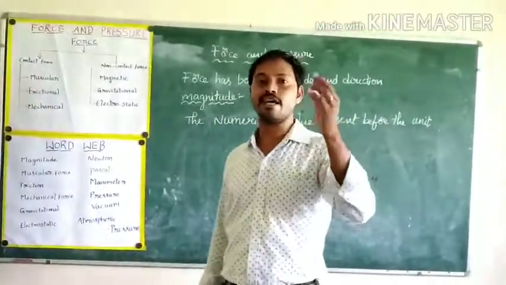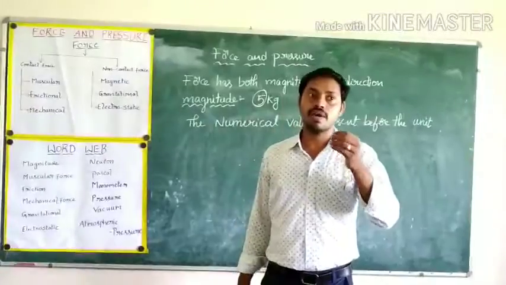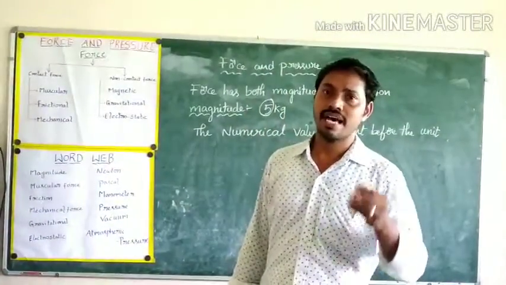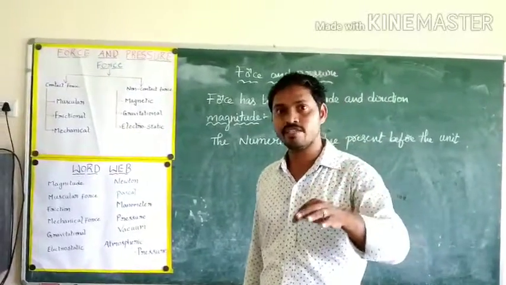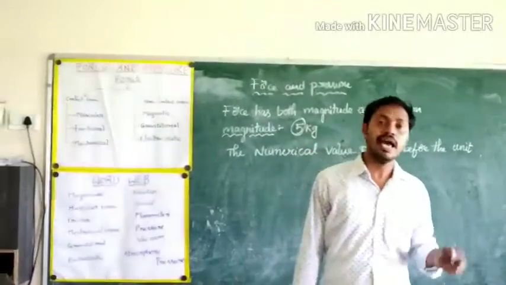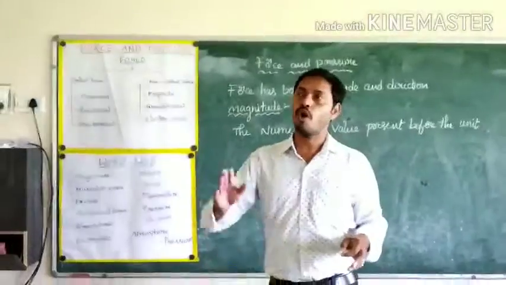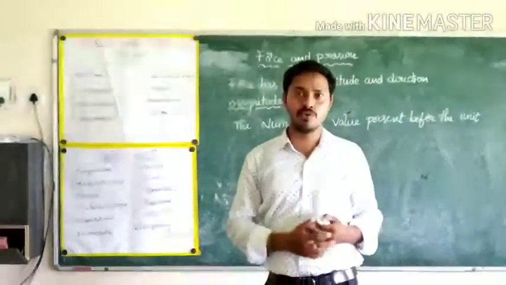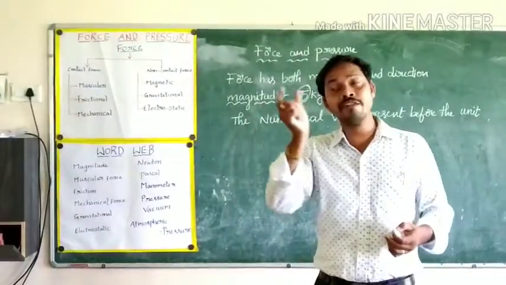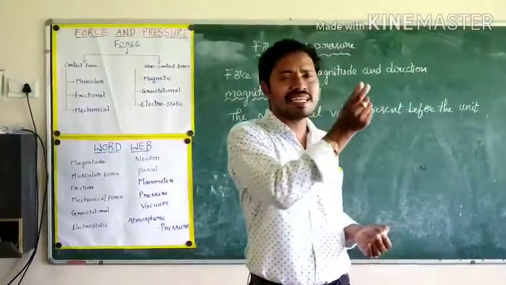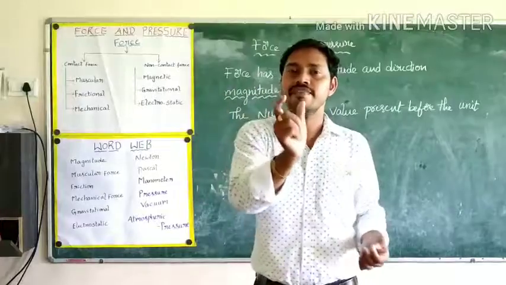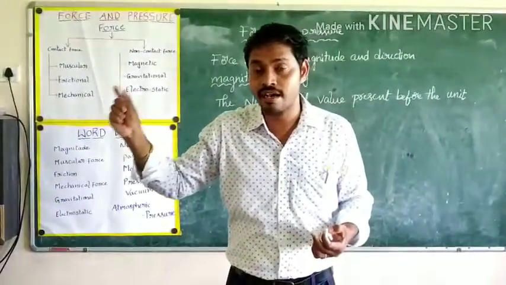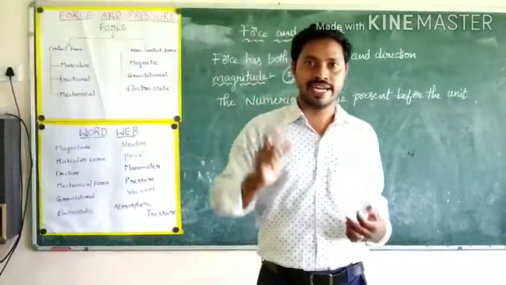What is the height of a person or something else? The height may be measured in meters or in centimeters. Let it be 6 meters or 7 meters. What is the magnitude? If we say the height of some particular thing is 7 meters, 7 is considered the magnitude, and meters is the unit.